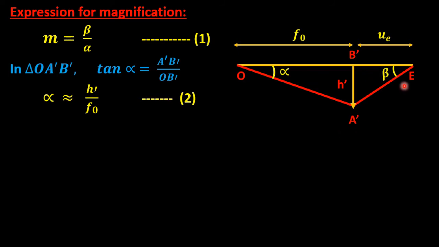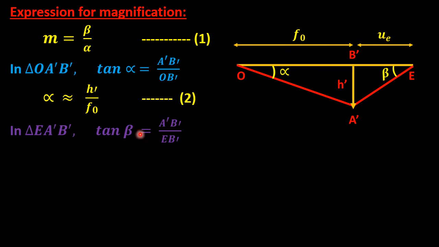And from the right triangle EA'B', we can write tan beta equals A'B' by EB'. A'B' here is also the same S', but EB' is here UE.